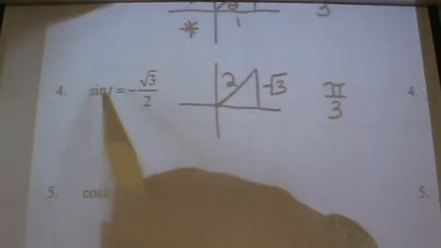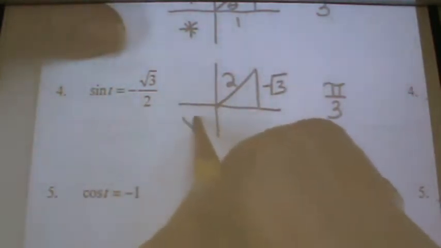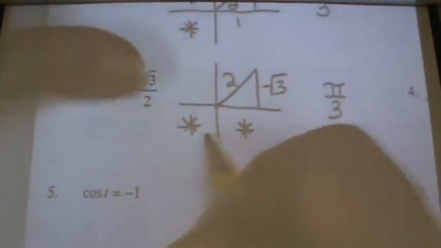Now these ones you have to write plus or minus 2k pi. Okay, root 3 over 2. Another 60 degree. In what 2 quadrants is sine negative? Here and here. So this is 4 pi over 3. And?